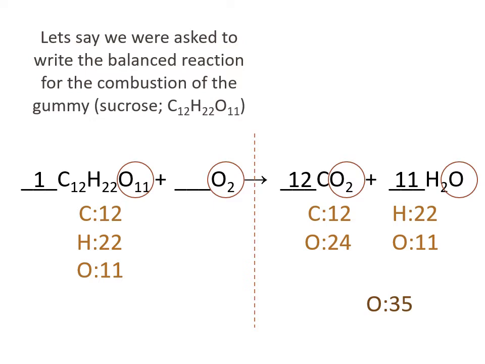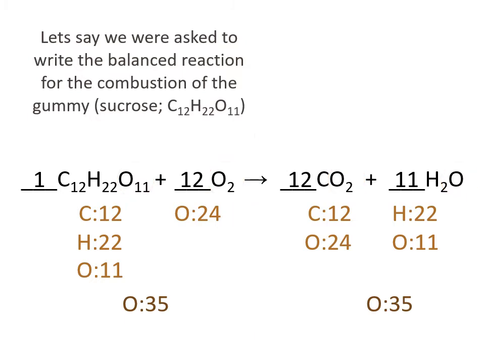On the left-hand side, the reactant side, I will need then 35 oxygens so that they balance out. I already have 11 with the sucrose, so that means I will need 24 coming from the oxygen. And in order to get 24 oxygen atoms from an oxygen molecule, I will need 12 oxygen molecules. Now everything is balanced.